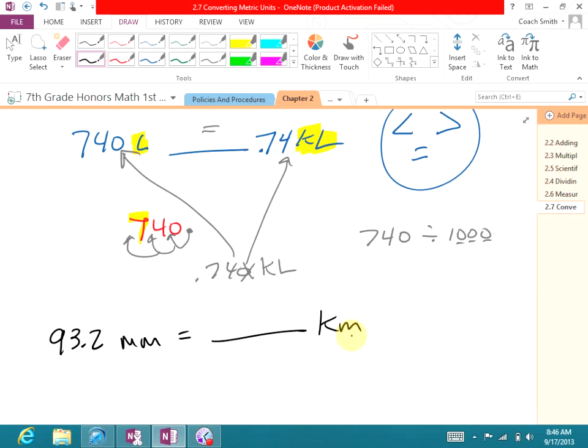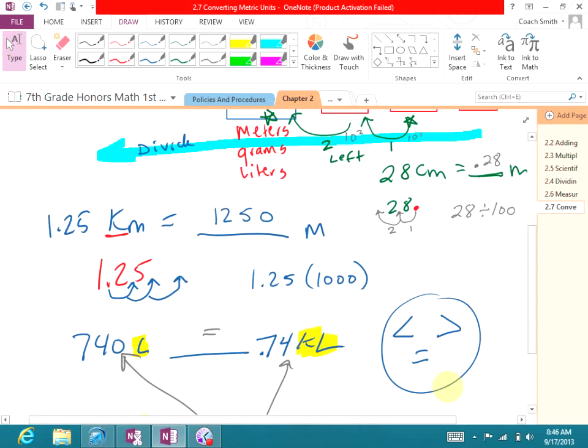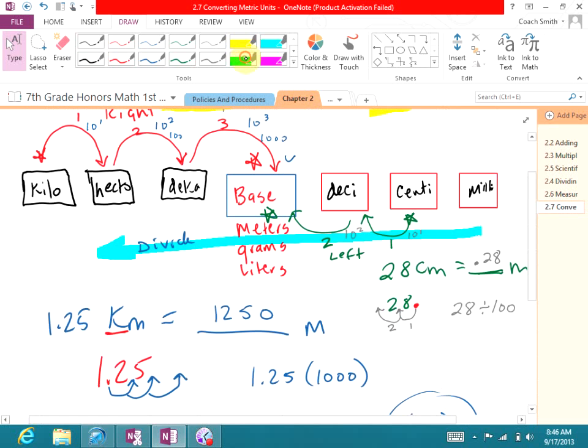So let's go back up here to our diagram. So we're starting here, and I want to go all the way to here. So I'm moving to the left. Moving to the left, how many boxes?